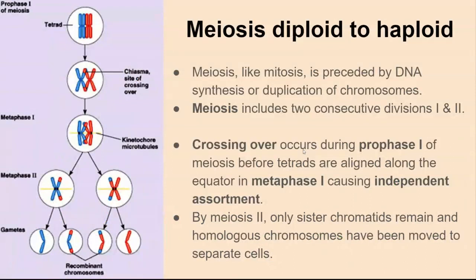So in prophase 1, we have something called crossing over. This is a great opportunity for genetic variation because, like I said, we have maternal DNA and paternal DNA. And since they're lined up close to each other in this tetrad, in this group of 4, if they accidentally touch each other, they can accidentally switch places. This is called crossing over.